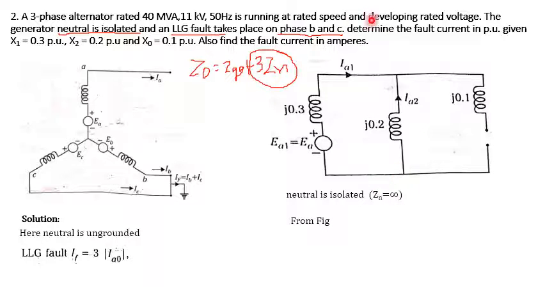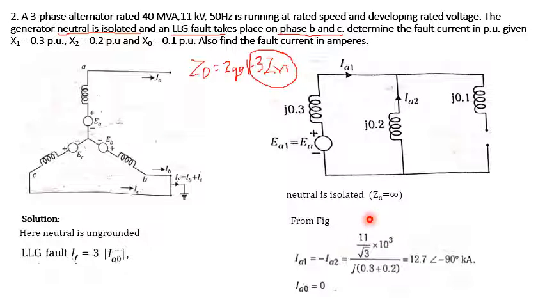From this figure we can write IA1 is equal to minus IA2, which is equal to the total EMF, that is EA1, divided by the total impedance. Here this is X1, this is X2, not considering X0 because it is open. If the circuit gets closed, only then is the current flowing in the network.